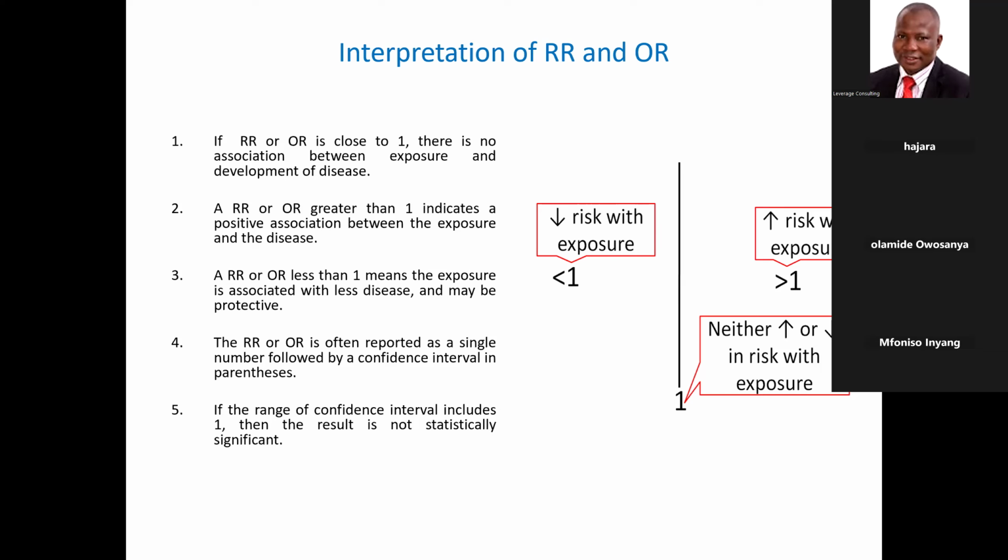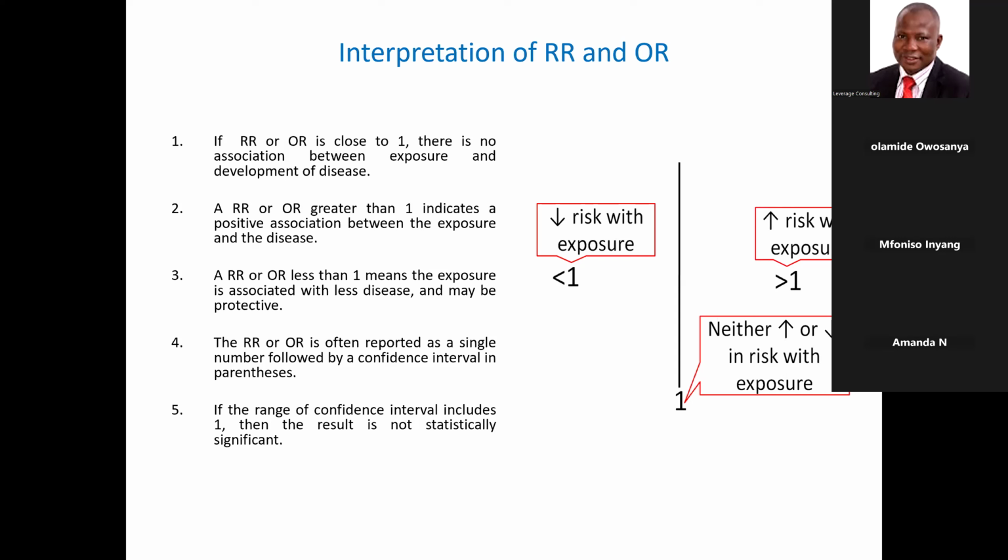A relative risk or odds ratio less than 1 means the exposure is associated with less disease, and is protective. If you divide the numerator by the denominator and the result is 0 point something, it means the numerator is smaller than the denominator. The value for the exposed is the numerator, and the unexposed is the denominator.